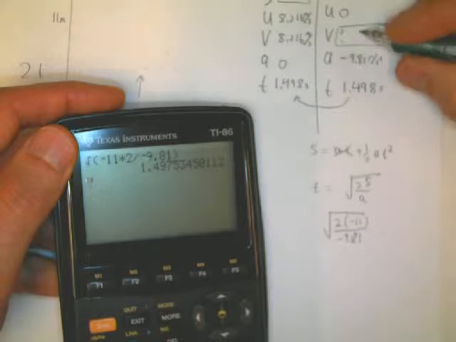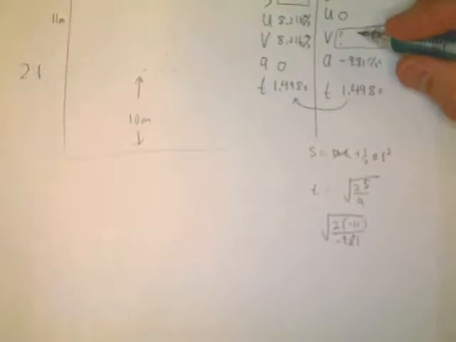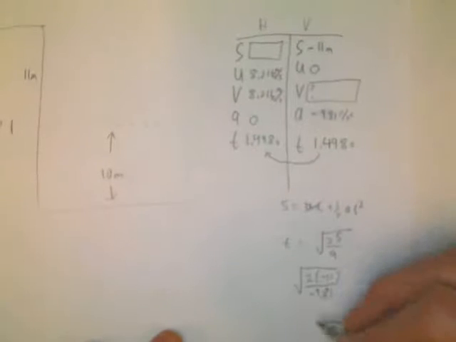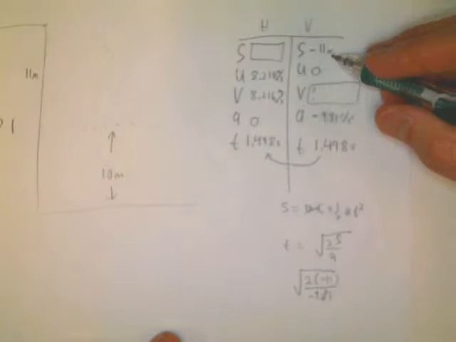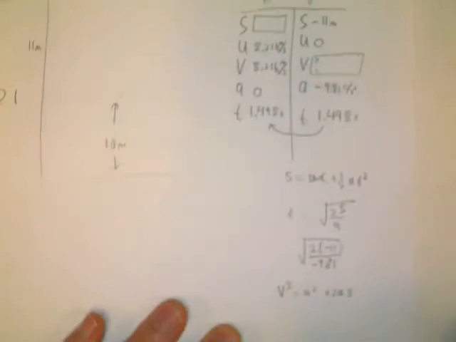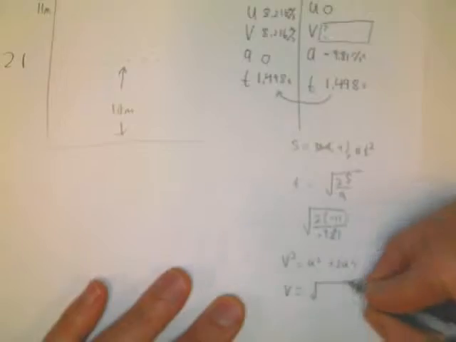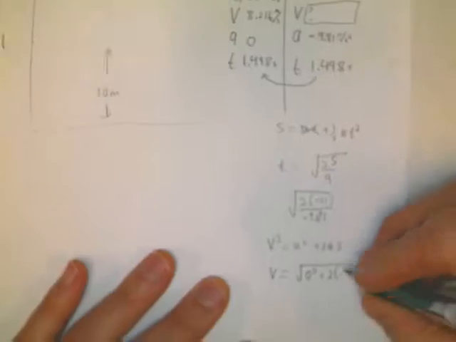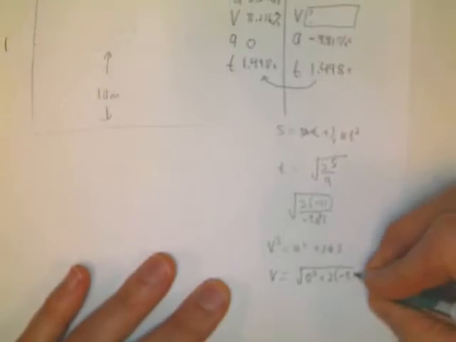Okay. And then we can also find our final velocity here. For that one, I would choose to use v squared equals u squared plus 2as. And v equals the square root of 0 squared plus 2 times negative 9.81 times negative 11, like that.